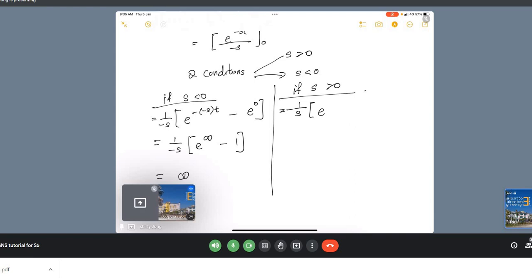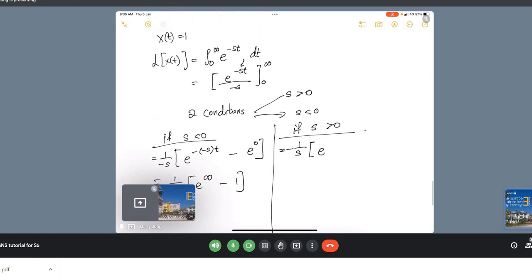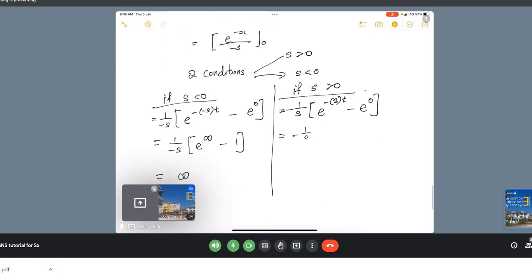Exponent, the positive s, so it's a positive st, minus exponent 0. In this case, you will get exponent negative infinity because this one is changed to infinity.